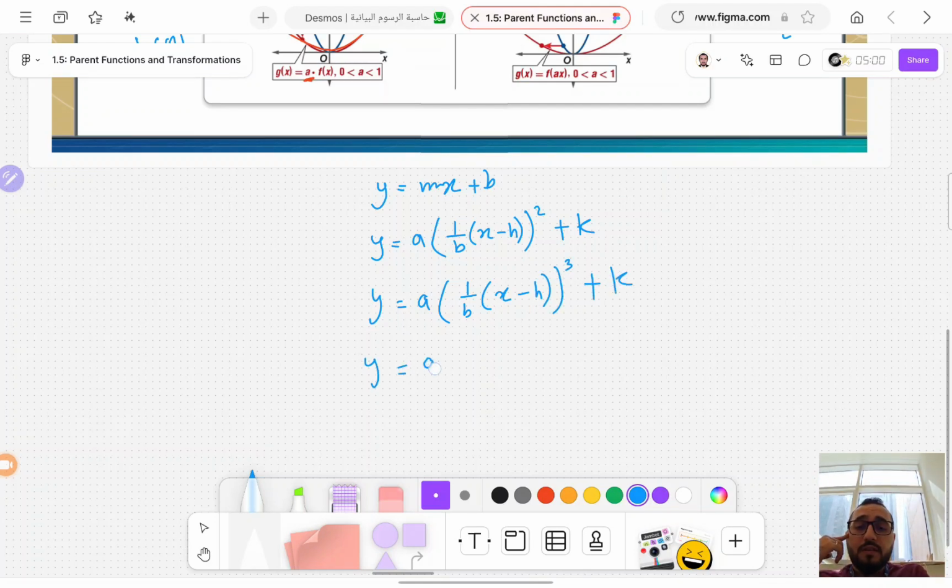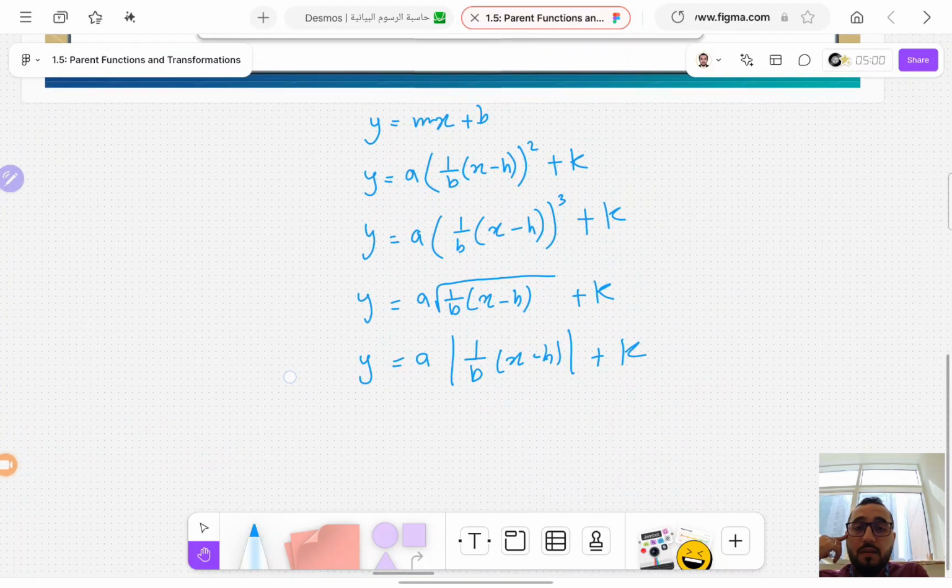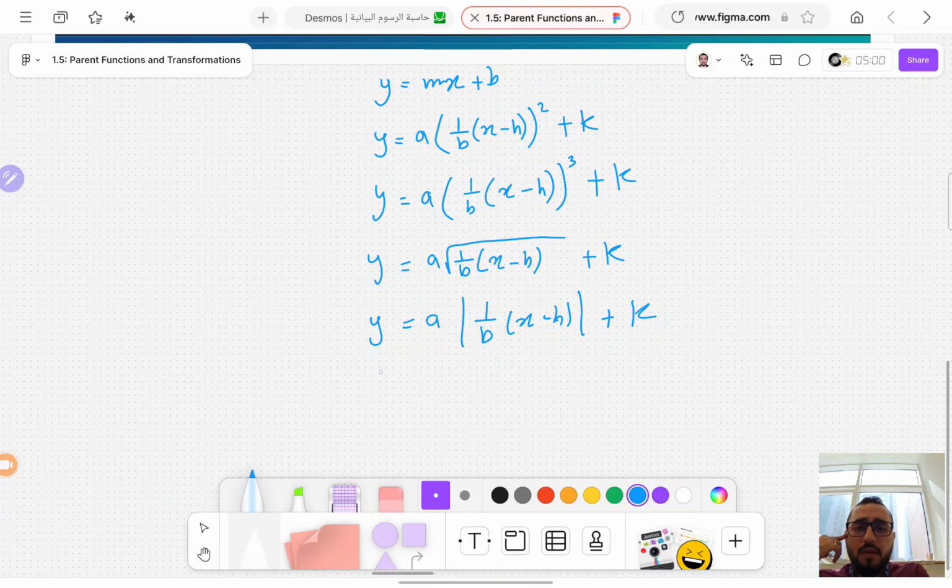Then we have the square root, y equals a square root of 1 over b x minus h plus k, and the absolute value, a times 1 over b x minus h plus k. Then we have the rational, y equals a over 1 over b x minus h plus k.